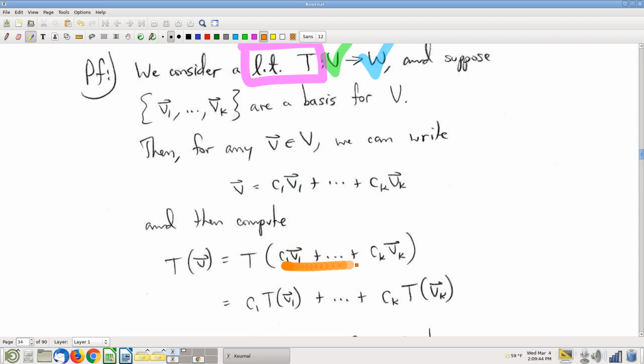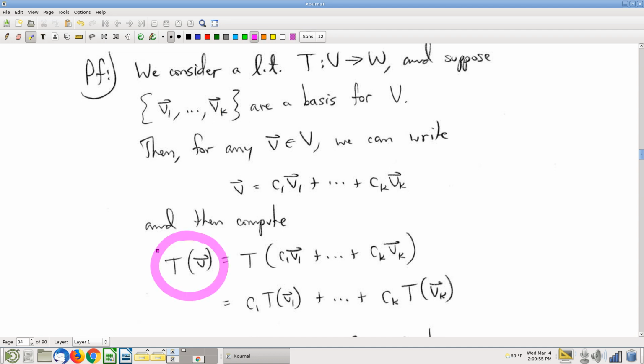Linearity says if you've got a linear combination in, you get that same linear combination out. And lo and behold, we're actually kind of done. I now have an explicit formula for this linear transformation T. You give me any input vector v, any input vector, right?